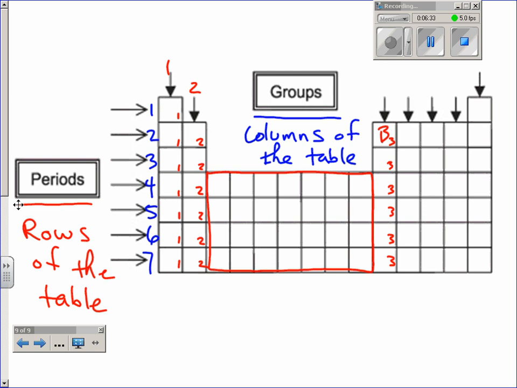So here's what happened when the table was being set up. We have rows, as you can see, but as the rows were being built from top to bottom, they realized that vertically they could line up the elements so that their valence numbers were equal in each of the groups.